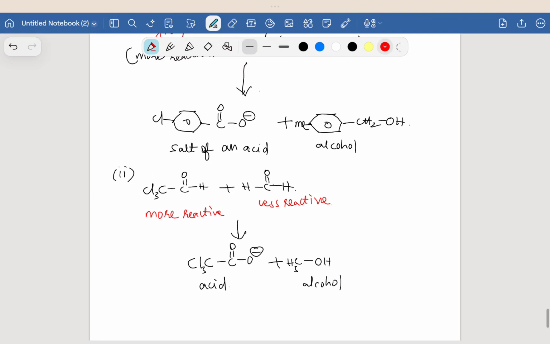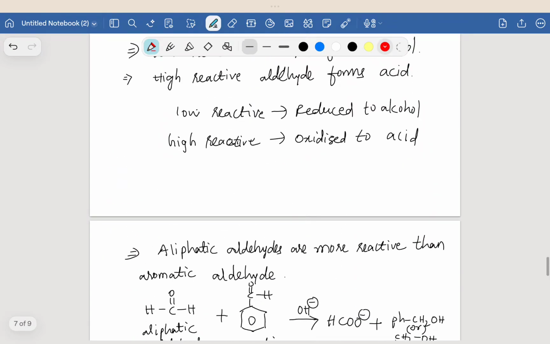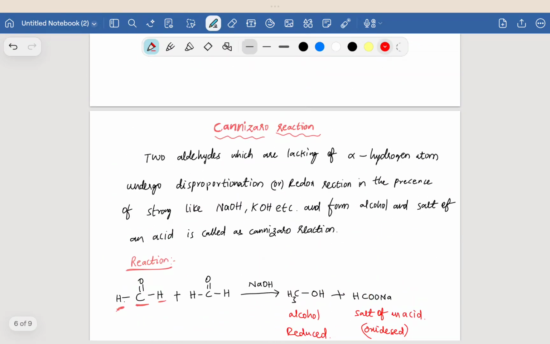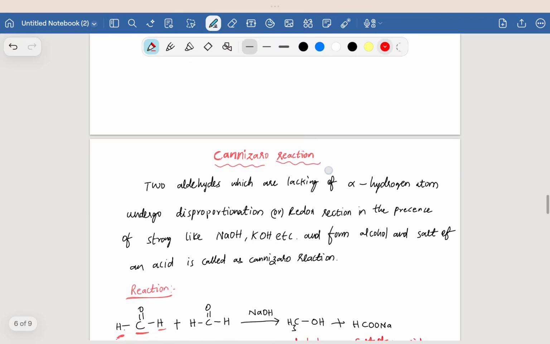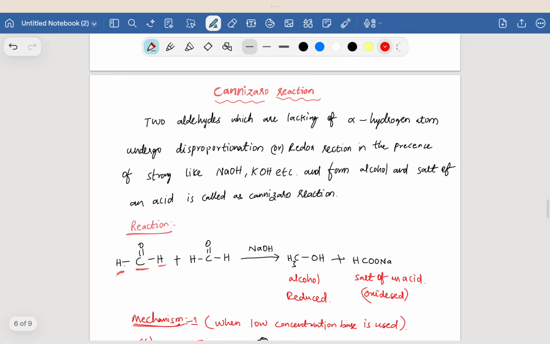This is all about the Cannizzaro reaction, which is very very important for JEE Mains and Advanced and NEET, also EAPCET. Cannizzaro reaction: again I am telling, two aldehydes which are lacking alpha hydrogens. If alpha hydrogens are there, the aldol reaction will take place.